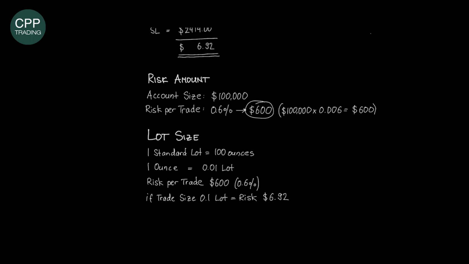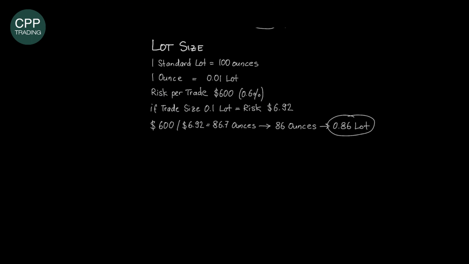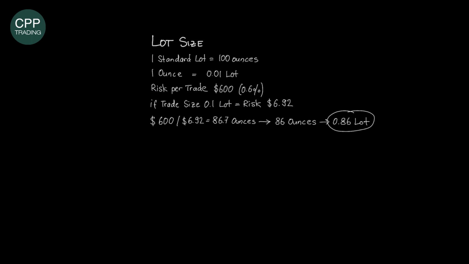That's because it's the price difference between our entry and our stop based on just 1 ounce. Next step is we have to take our full risk 600 divided by 6.92 and we get 86.7. However, we have to round that to 86 ounces because we can only trade 1 ounce. We cannot trade 0.5 or 0.7 of an ounce.